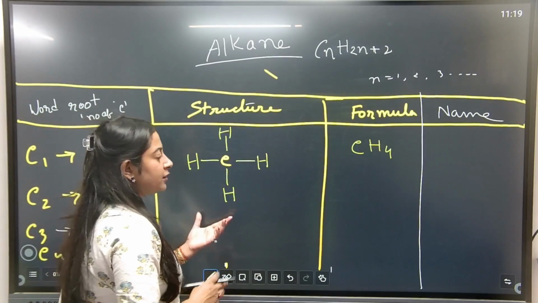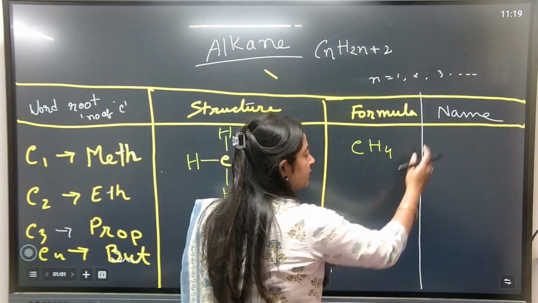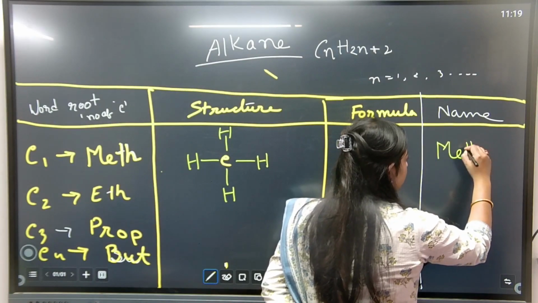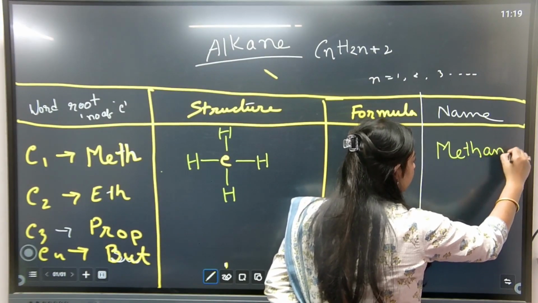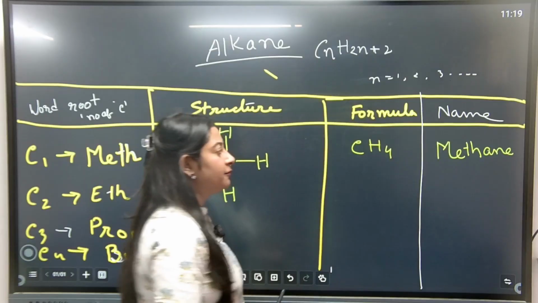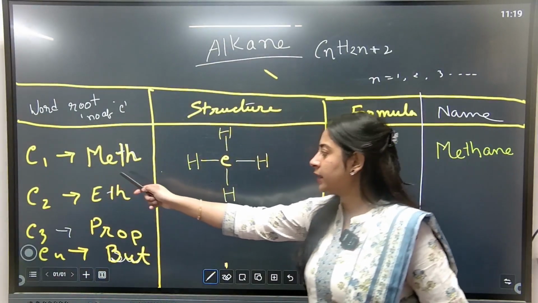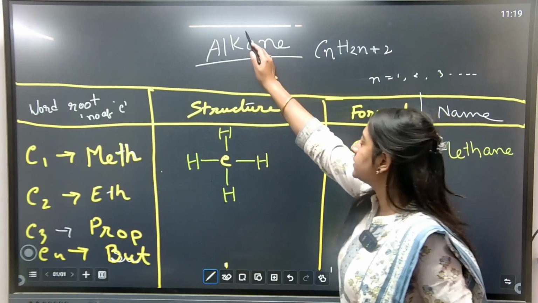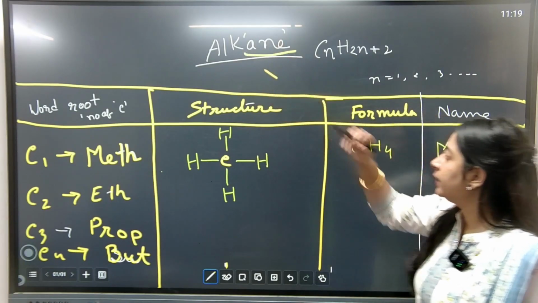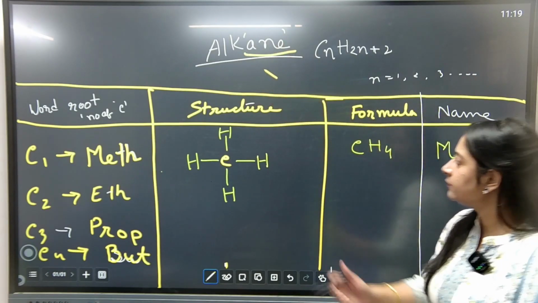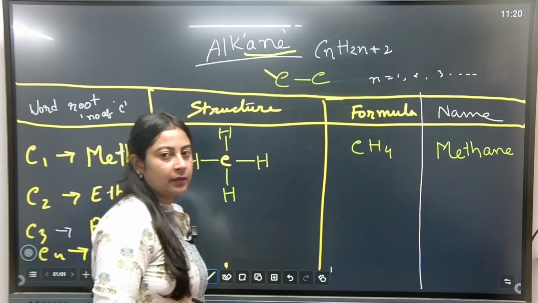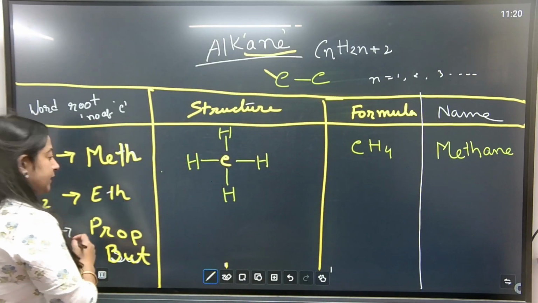So this is the structure having formula CH4, जिसका नाम क्या है, METH plus ANE, methane. Matlab METH has come from here, you have one carbon, that's why it is METH. And where has the ANE come from? This is the alkane ka ANE. अब ANE क्या represent करता है, ANE सिर्फ यही represent करता है, there are only single bonds between carbon and carbon.